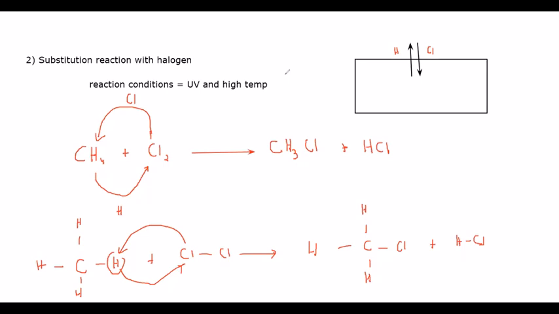Yes, sir. Can you explain again the reason, because carbon can form a maximum of 4 bonds? Okay. Carbon belongs to group 4, so maximum it can form 4 bonds, not more than 4. So 1, 2, 3, and 4 bonds are there, already occupied with 4 hydrogen.